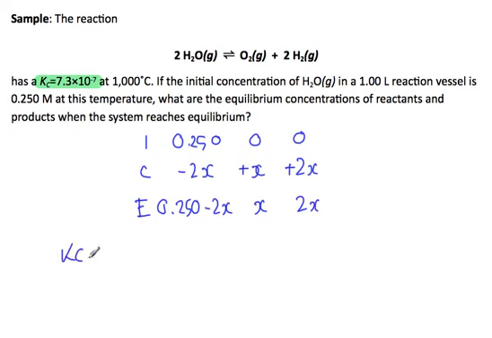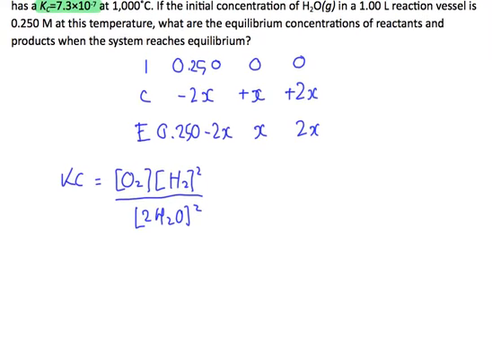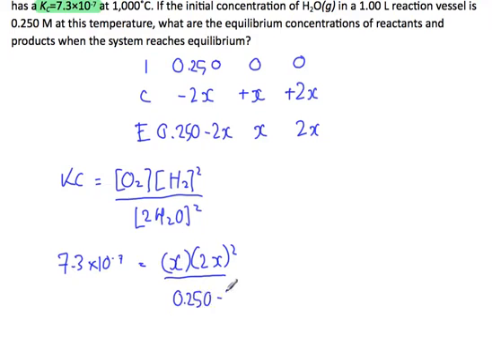So we can go ahead and make an equilibrium expression. Concentration of oxygen multiplied by the concentration of hydrogen squared divided by the concentration of water squared, and we can plug in our numbers. 7.3 times 10 to the minus 7 equals x multiplied by 2x squared all over 0.250 minus 2x squared.